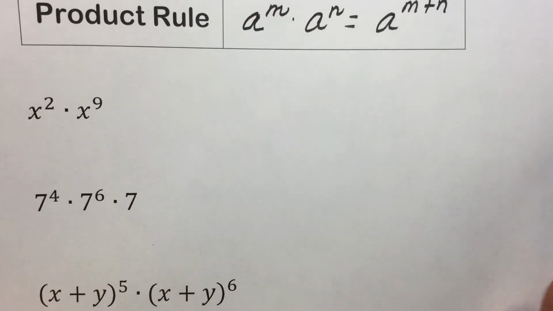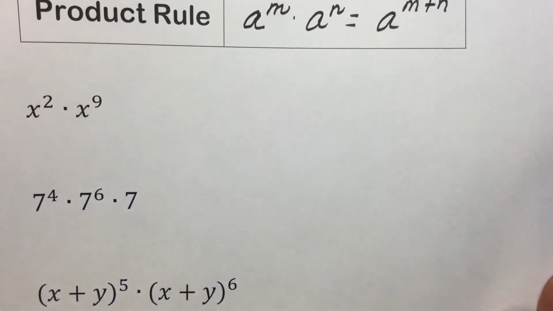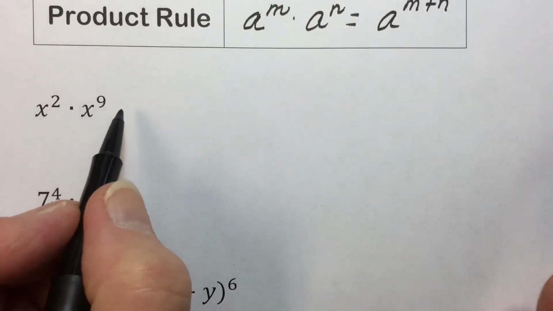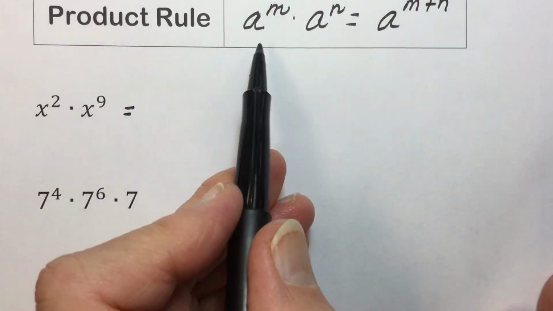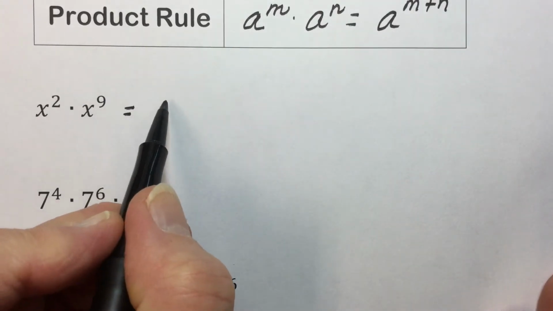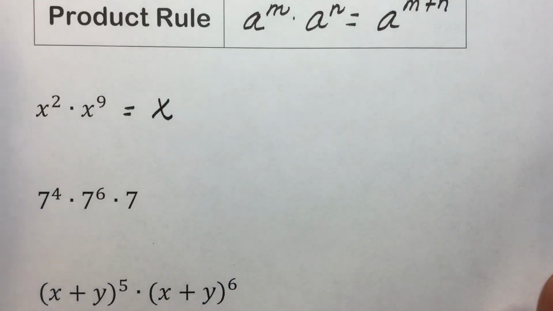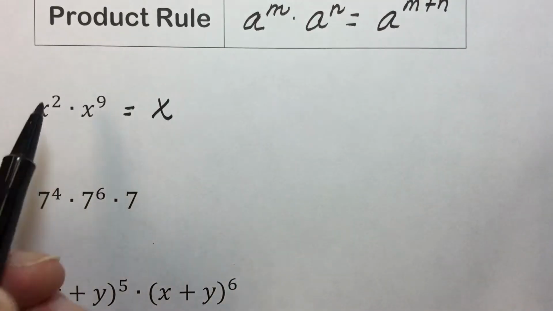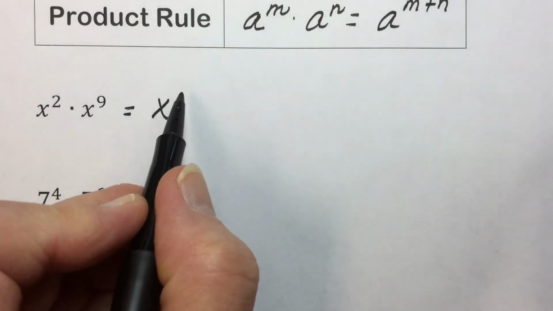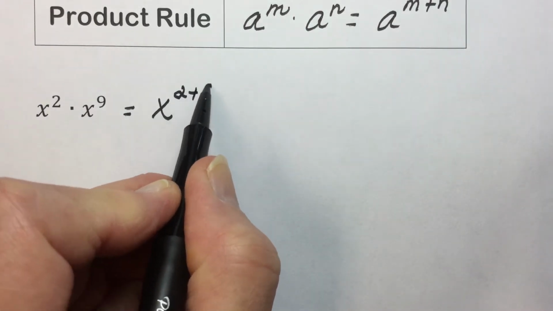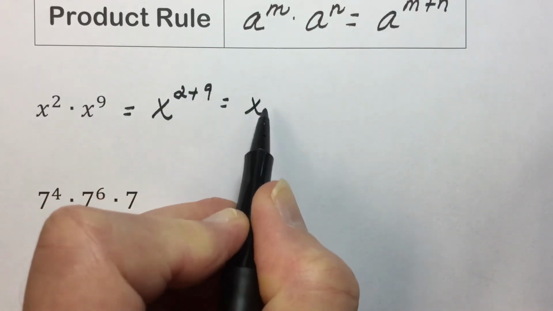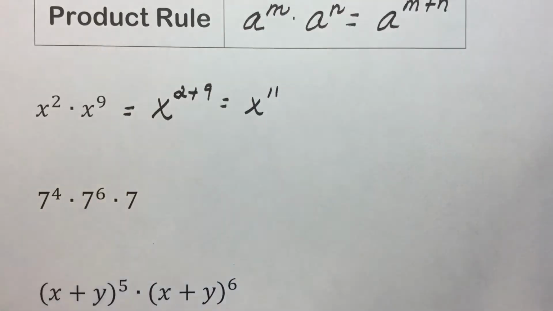In this example, we have common bases, which mimics that rule, and rather than writing them out in factored notation, we can simply use the rule by adding those exponents together and have an equivalent expression of x to the 11th power.